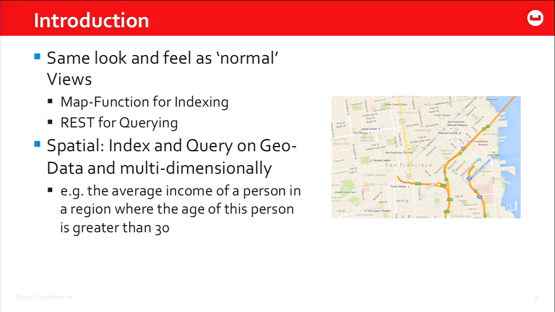You can log into our admin UI, create a spatial view there, and you can use a REST interface which looks nearly the same. I will explain some differences. Spatial means in this case not just that it's geodata, it's actually multi-dimensional indexing. Let's explain this a little bit more detailed later.